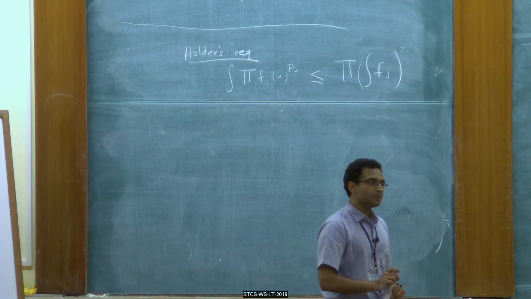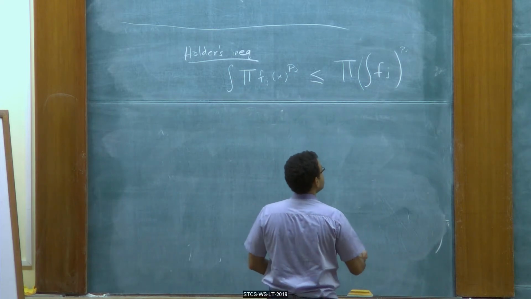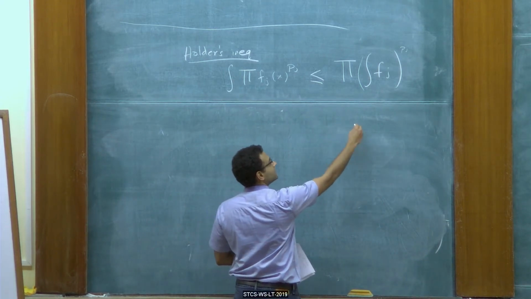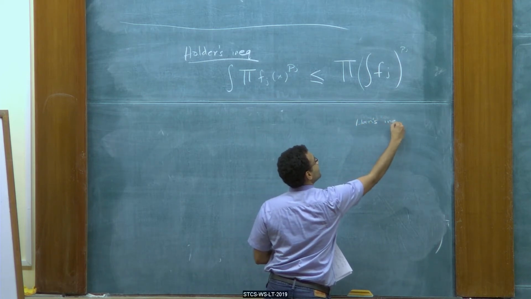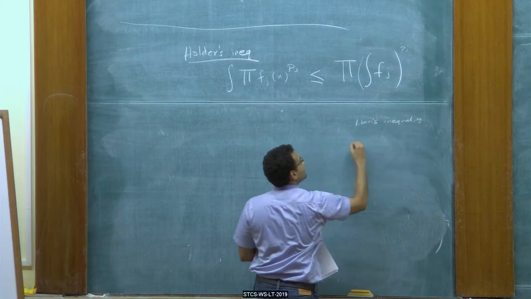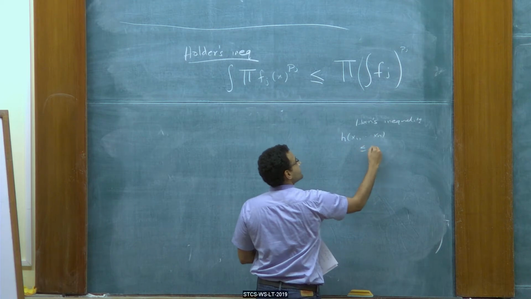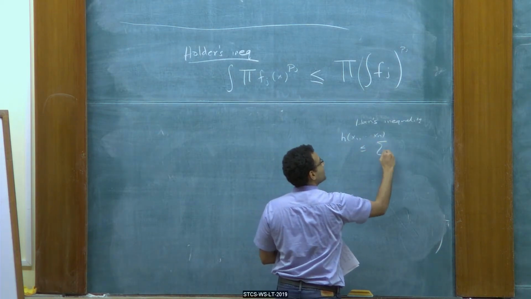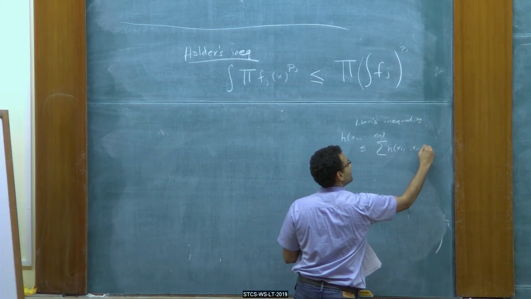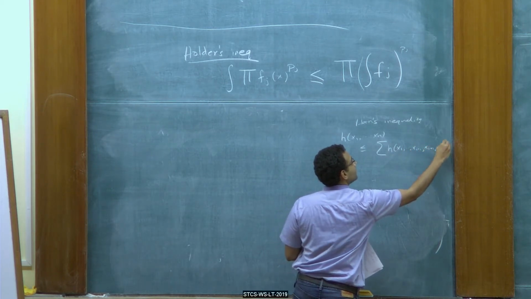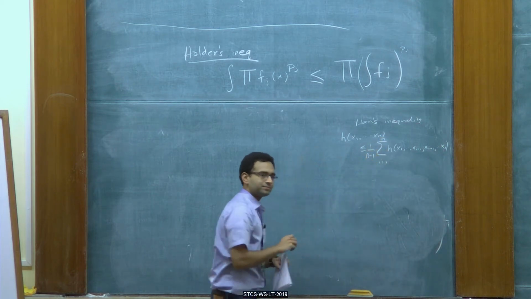So Shearer's lemma can also be thought of in an entropic way. It also has an entropy form. So for example, Loomis-Whitney is. So there is another inequality in information theory called Han's inequality. It says something like if you look at h of x1, x2, xn, then this is less than or equal to a sum over i from 1 to n of h of x1 dot dot dot, skipping xi, with a term of 1 over n minus 1, I think.